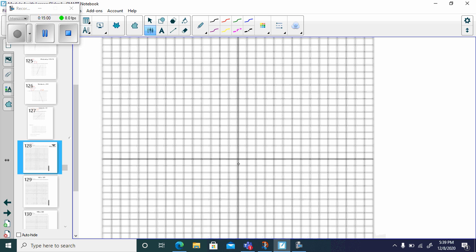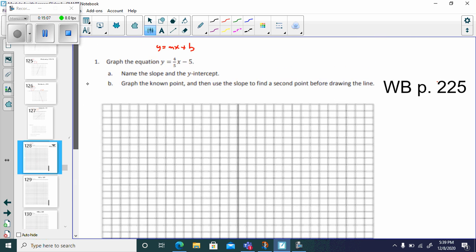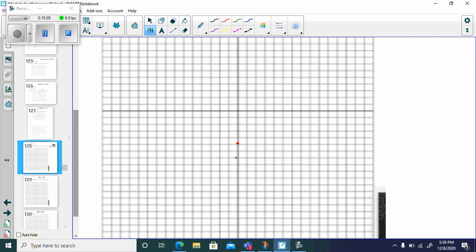Negative 1, 2, 3, 4, 5, okay? Then let's see what it tells us to do on the slope. The slope is 4/5, so we go up 4, up 1, 2, 3, 4, and over 5. 1, 2, 3, 4, 5, okay? And you can do that again if you wanted to. I'm just going to do it the one time and draw them through, and there we go.